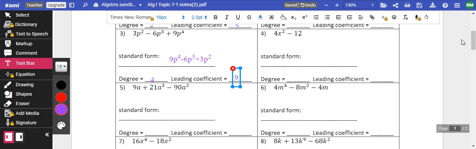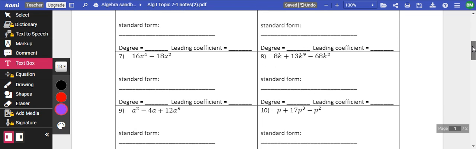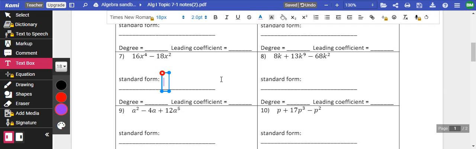Okay. Maybe we'll do one more like this, and then I'll move to one other thing I want to teach you. We've got 16x to the 4th minus 18x squared. This one is in standard form already. 16x to the 4th, and we've got minus 18x squared.